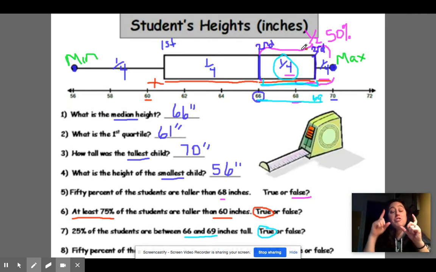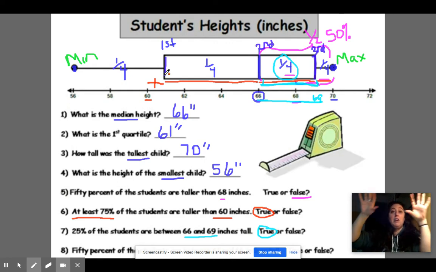Just like the range is the biggest number minus the smallest number, the interquartile range is the third quartile minus the first quartile. It's basically the distance just in the box, forgetting about the whisker.